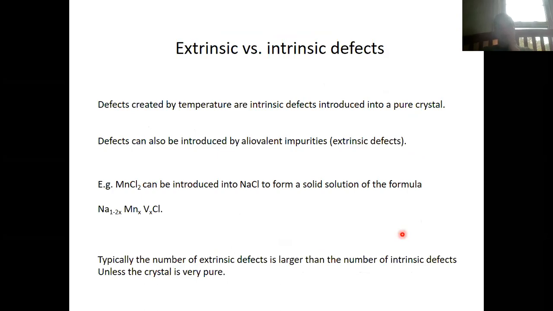All right, so thus far we have only discussed so-called intrinsic defects. That means defects that are introduced into a pure crystal in the form of ion pairs being missing or ions being dislocated to an interstitial site. However, in addition to these intrinsic defects, we can also have so-called extrinsic defects.